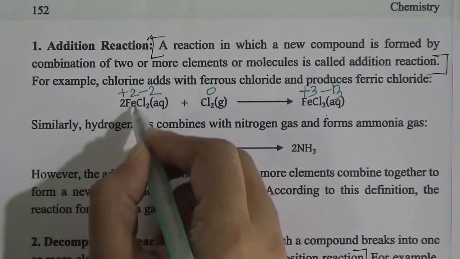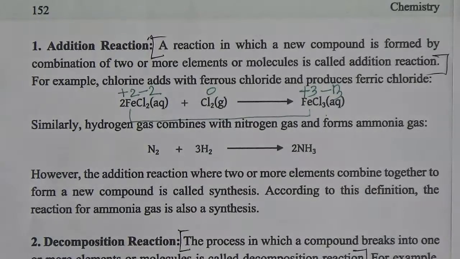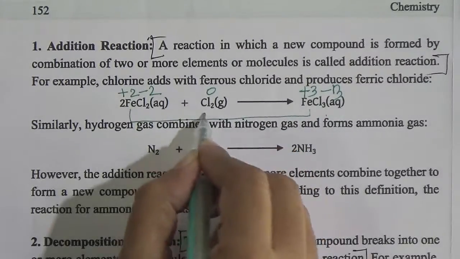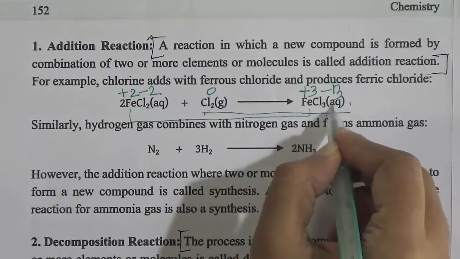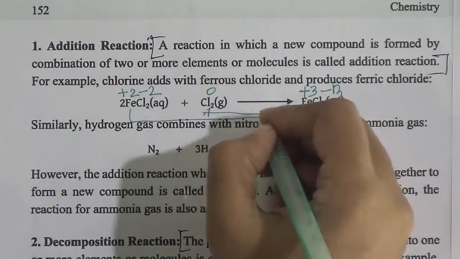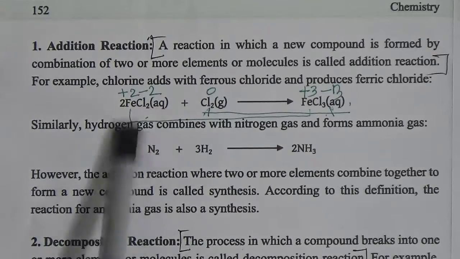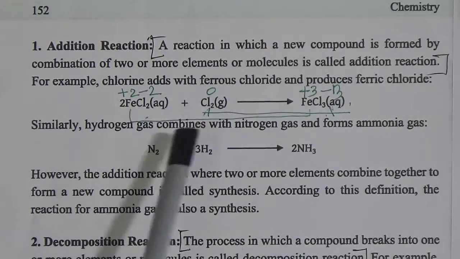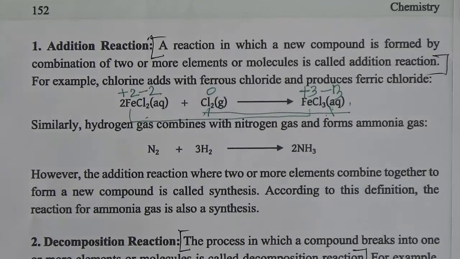That means in iron this is oxidation, and here chlorine was 0, but here it becomes -1, that means here reduction occurs. Oxidation number increasing is oxidation, oxidation number decreasing is reduction. That you have to remember.